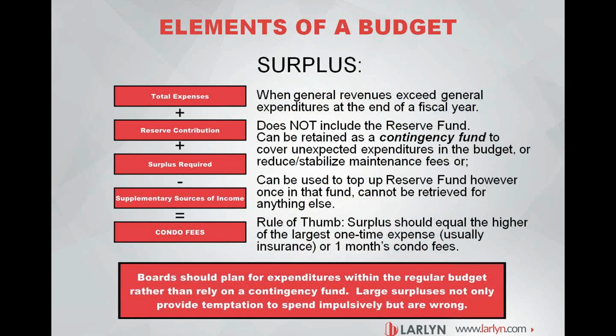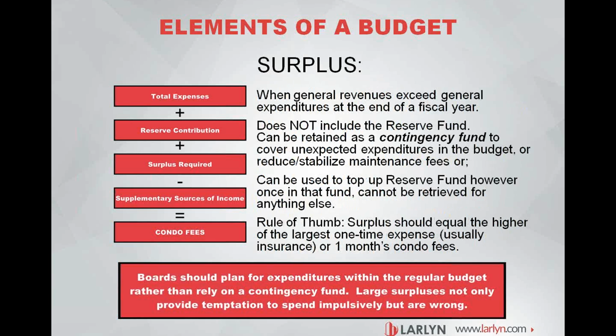So the surplus for that particular condominium corporation should be on or around that $6,000 or $7,000, or the 1 month's condo fees, whichever is higher. The board should plan for expenditures within the regular budget rather than rely on a contingency fund.